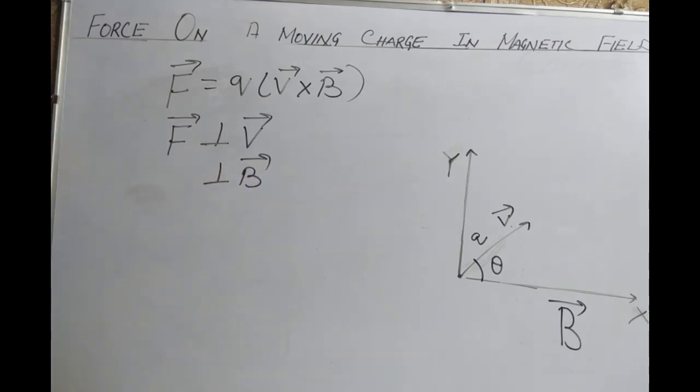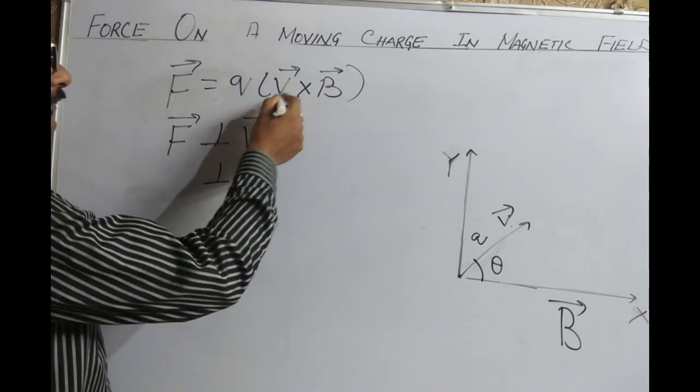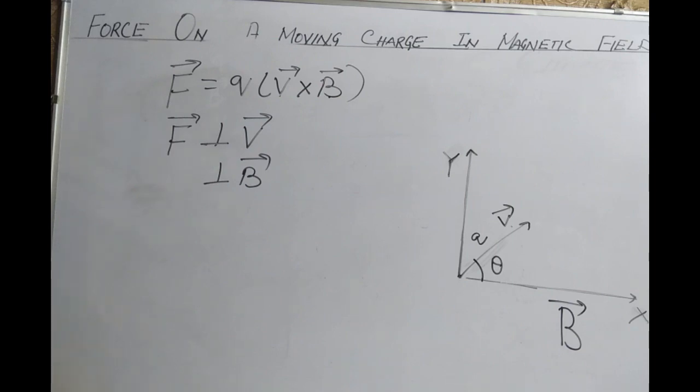That is, F is perpendicular to the plane containing velocity and magnetic field.